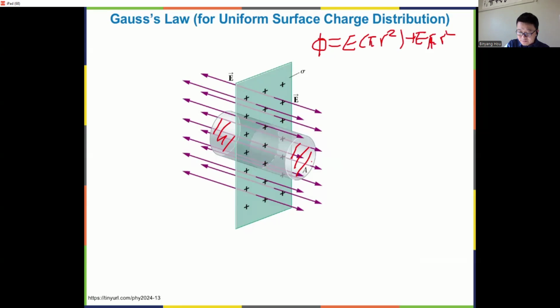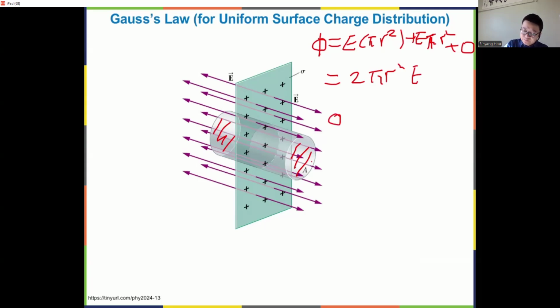For the side surface, because the E field is parallel to it, there is zero flux. So flux is 2 times pi r squared times E, according to the definition of flux.